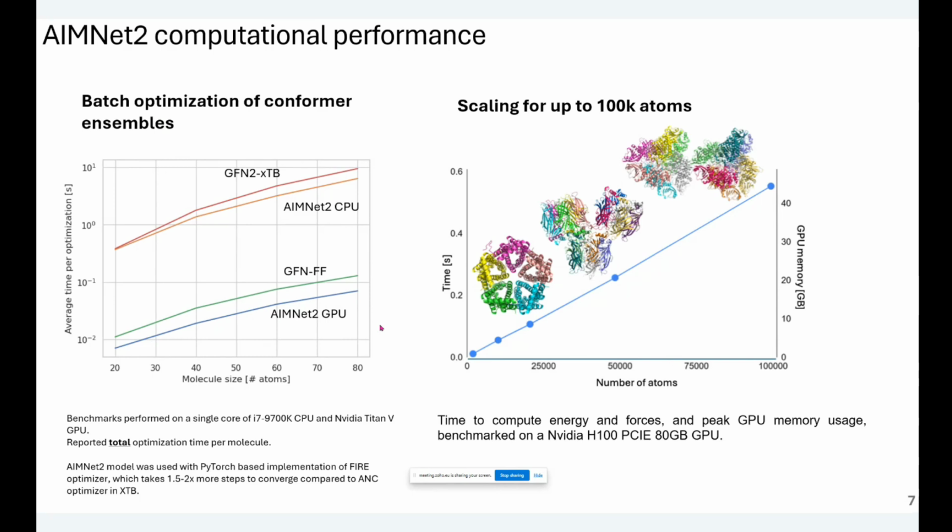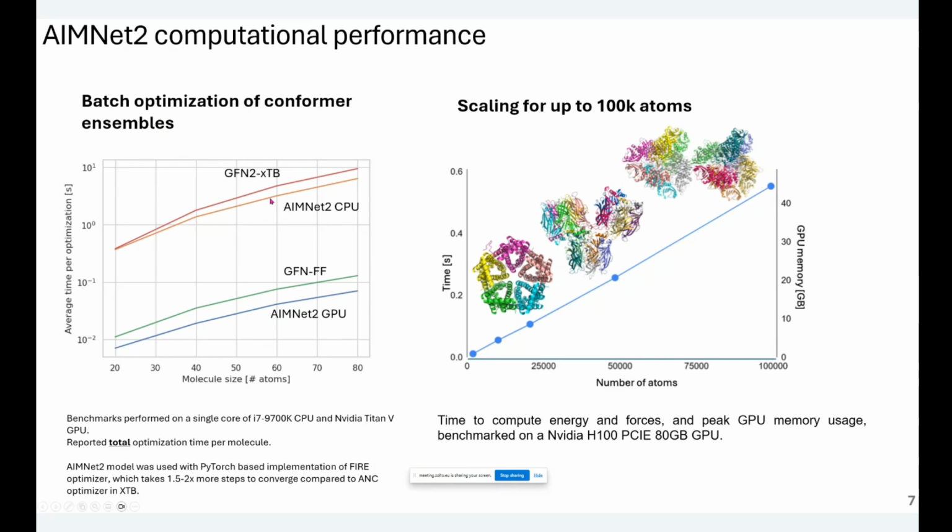We compare the total time which is needed to optimize medium-sized organic molecules. Whatever optimizer we use, xTB uses a better optimizer. But if everything is implemented right, you will not get these numbers in AMS. I will explain why. Because we use batching to saturate the GPU fully, and we have a batched optimizer.